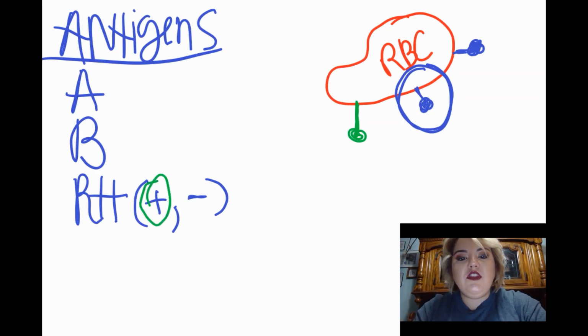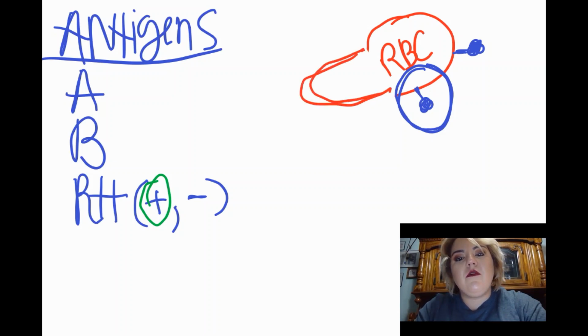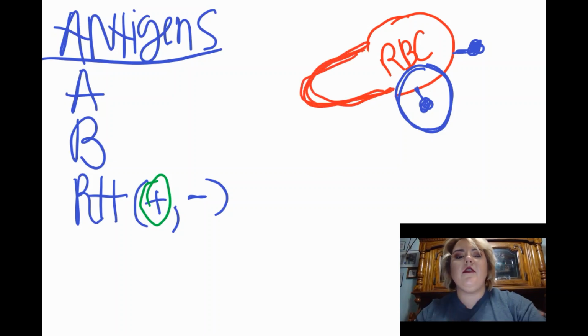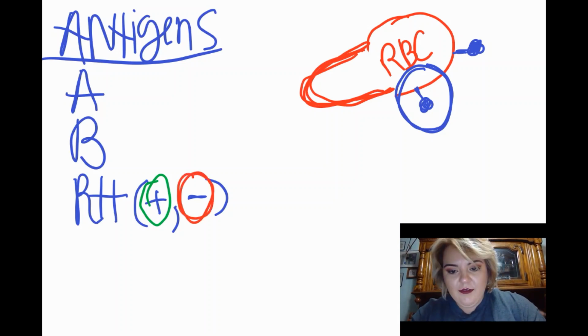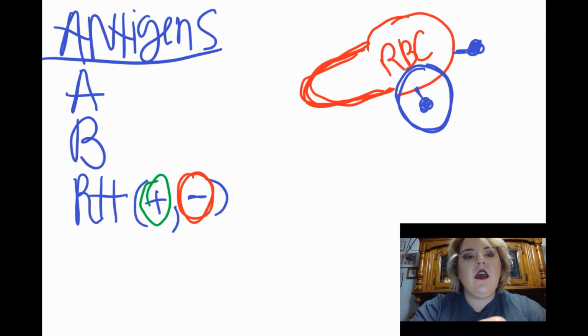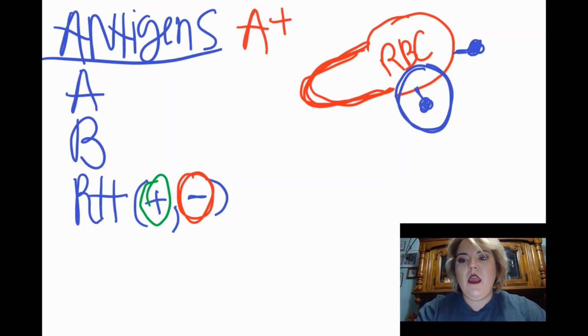Now, if we don't have the RH antigen on our weird red blood cell here, that's going to signal that we're RH negative, which means that we have negative blood.